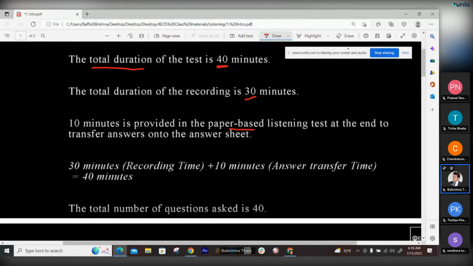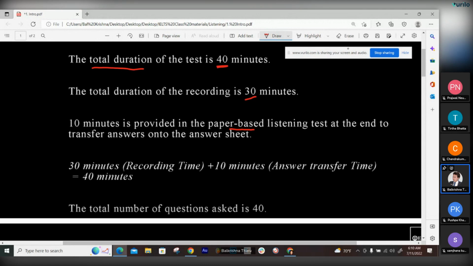In your computer delivered IELTS, you are not given 10 minutes to transfer your answers onto the answer sheet. Why? Because you don't have to transfer. You have to type your answers in the blank spaces on screen, and all you have to do is save all your answers in a click.